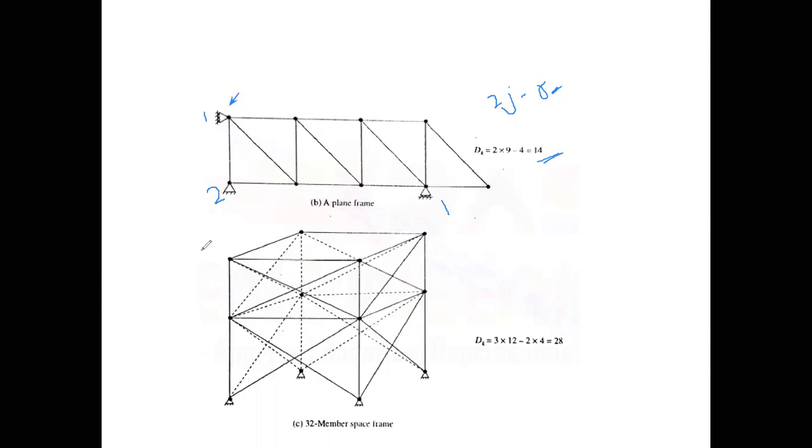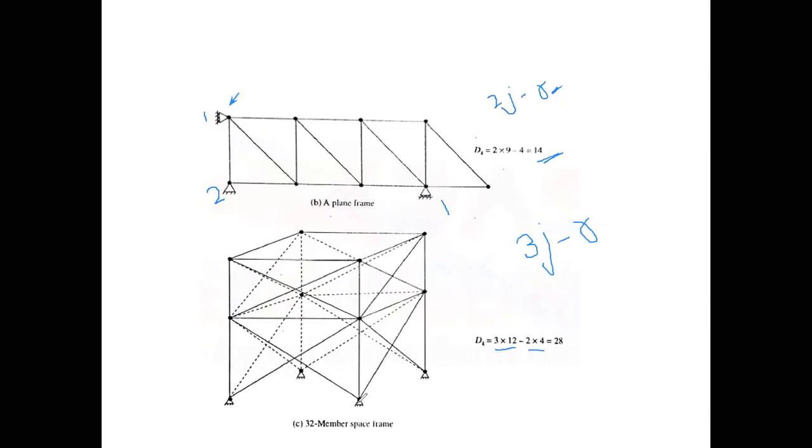Now this is an example of a space truss. Again here the equation is not 2j minus 3. Because it is a space frame, it is 3j minus r. The number of joints here are 1, 2, 3, 4, 5, 6, 7, 8, 9, 10, 11, 12. So it is 3 multiplied by 12 minus r. Now what is r?